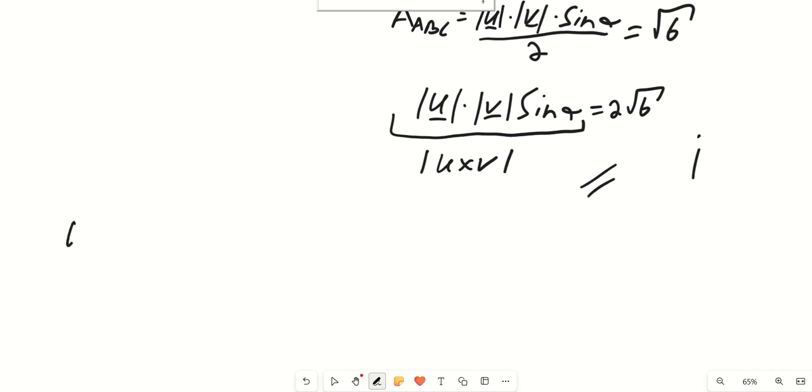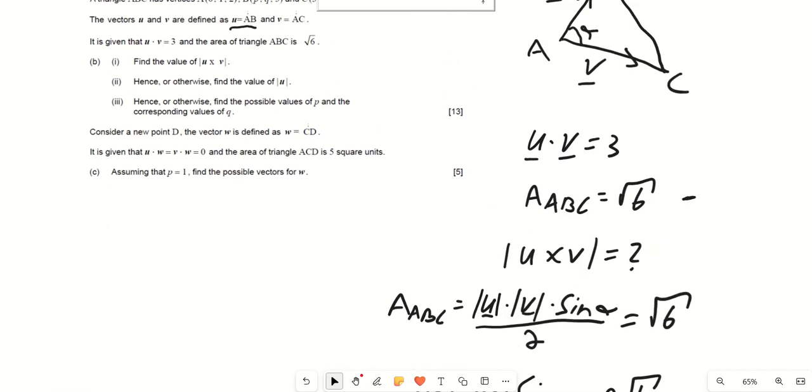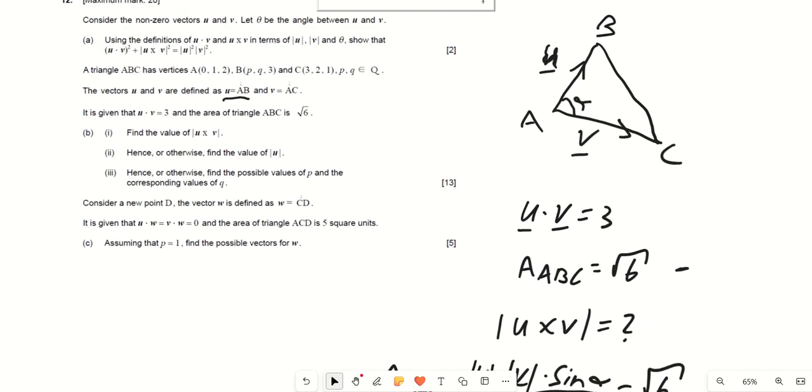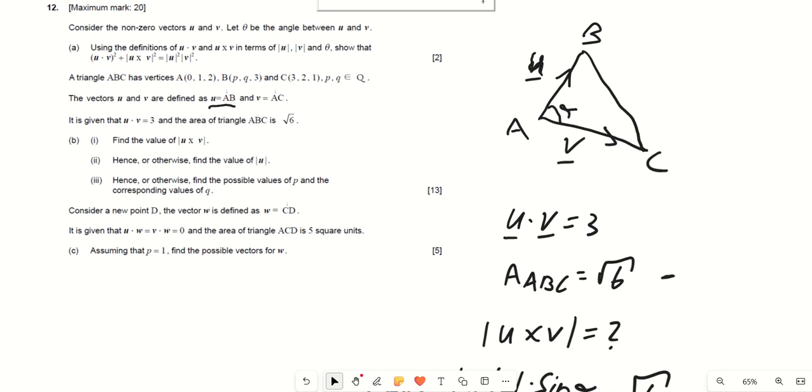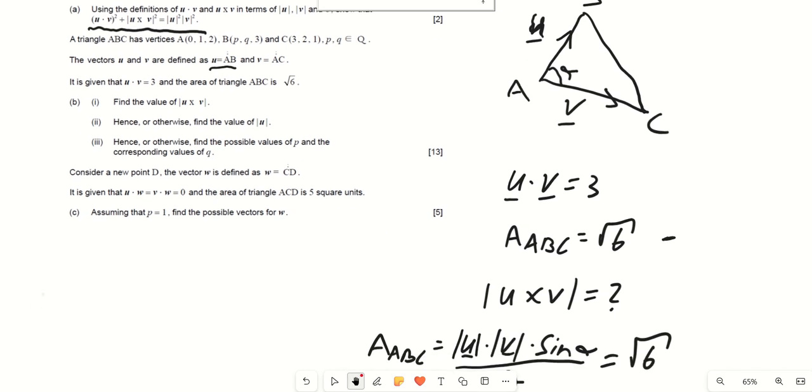Now in part 2 we have to calculate the magnitude of U. For that I'm going to use what we showed in A, this identity.